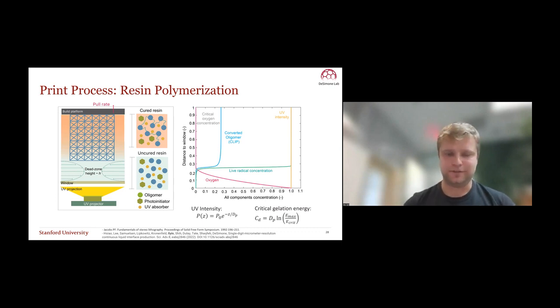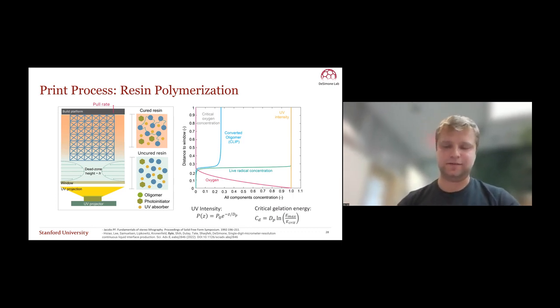But because our window is oxygen permeable, the part only sticks to the build platform, and then it's easy to take off. This is actually the key aspect that allows production of the flexible parts and also the dual cure resins, which are all very fragile and easy to break if they were adhered to both the build platform and the window.